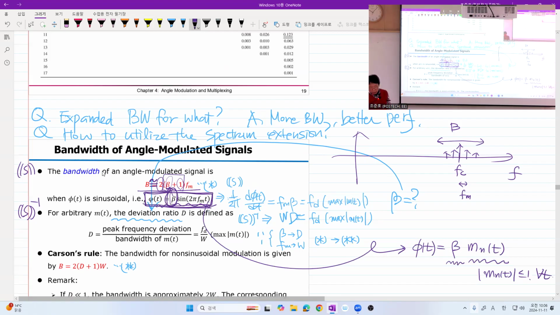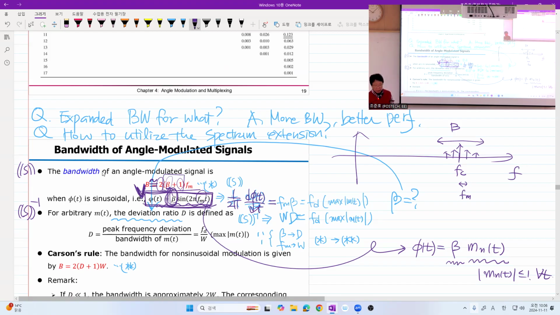What else do we have? Here, let's think about the instantaneous frequency deviation. In order to do that, you need to differentiate this phi of t with respect to t. And in order to take the frequency in hertz, not radians per sec, you have to divide it by 2 pi. And let's see from your simplified signal model first. So what do you have? You have Fm times beta.